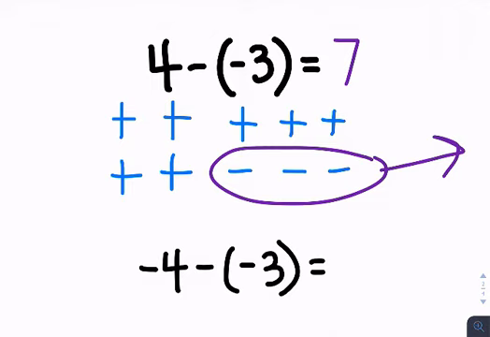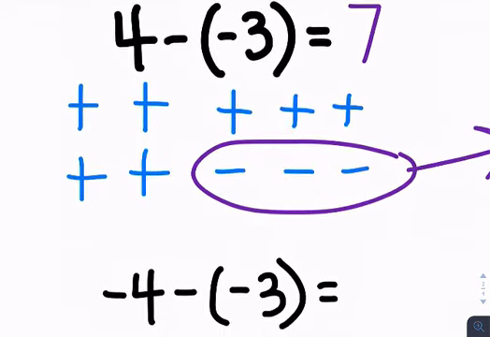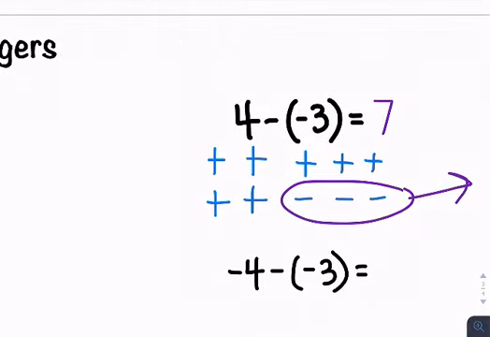Now I add 0 pairs because they don't change the value. Without taking away those 3 negatives, I still have positive 4 because these all together made 0. So I really just had positive 4. So after I take them away, I'm left with 7 positives.